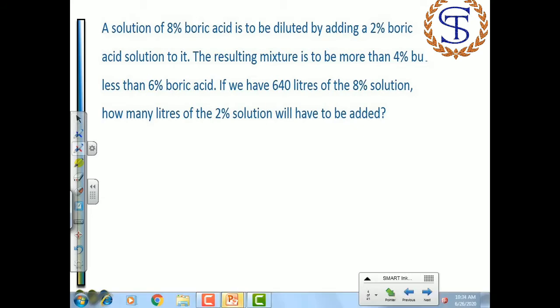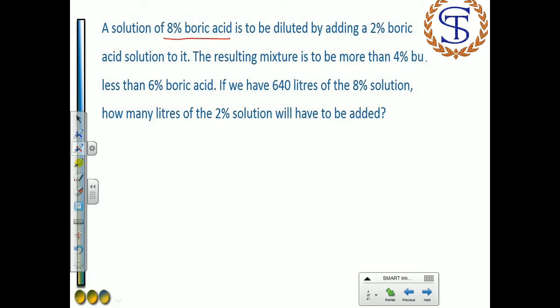In this question, a solution of 8% boric acid is to be diluted by adding a 2% boric acid solution to it. What is the meaning of diluted?